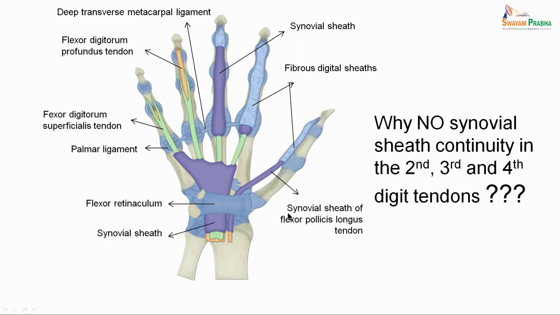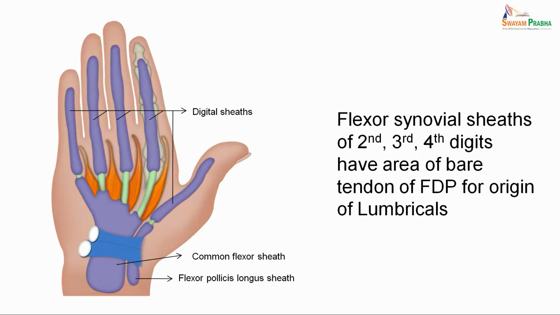Why do you think there is no synovial sheet continuity in the second, third and fourth digital tendons? If you have realized, it is because of the space which is required for the origin of the lumbrical muscles from the tendons of the flexor digitorum profundus.